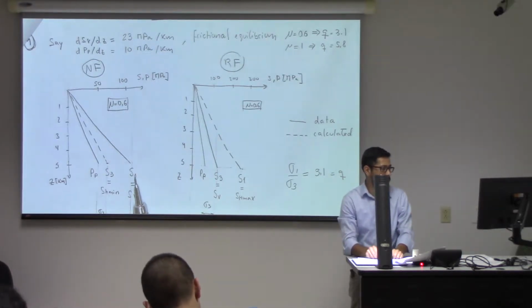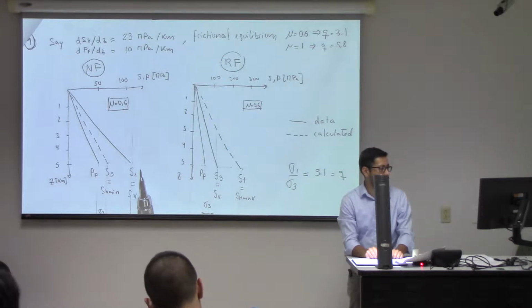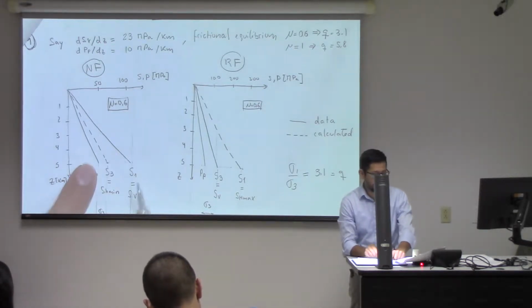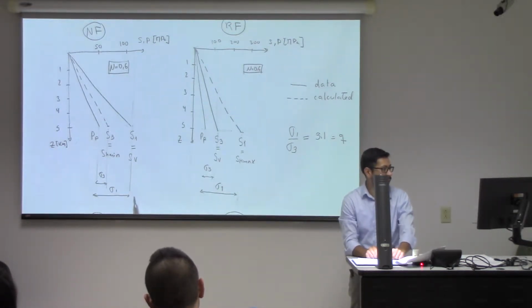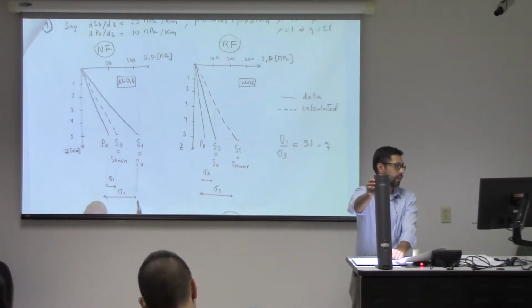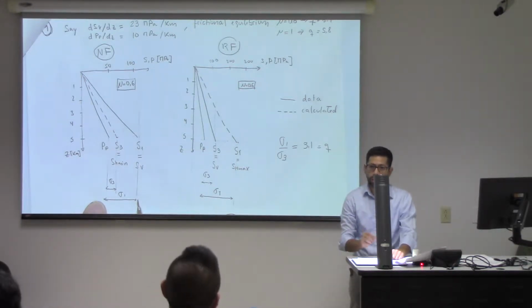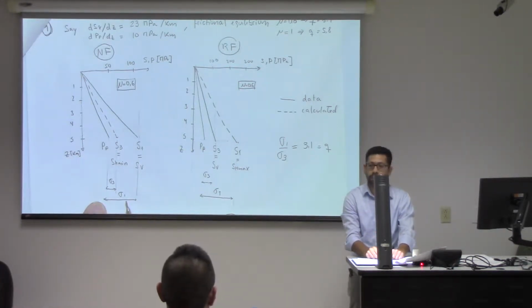And as soon as you calculate that, and if you know that this is normal faulting, then you calculate what is this effective maximum stress, which is sigma 1, and the absolute minimum value of sigma 3 is going to be always sigma 1 divided by Q, right?